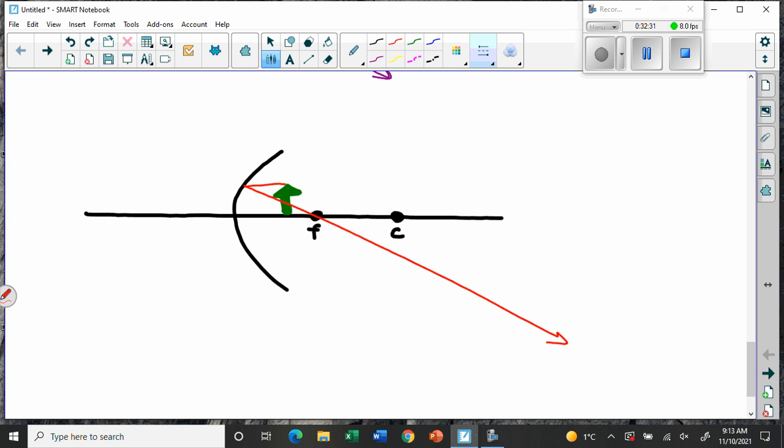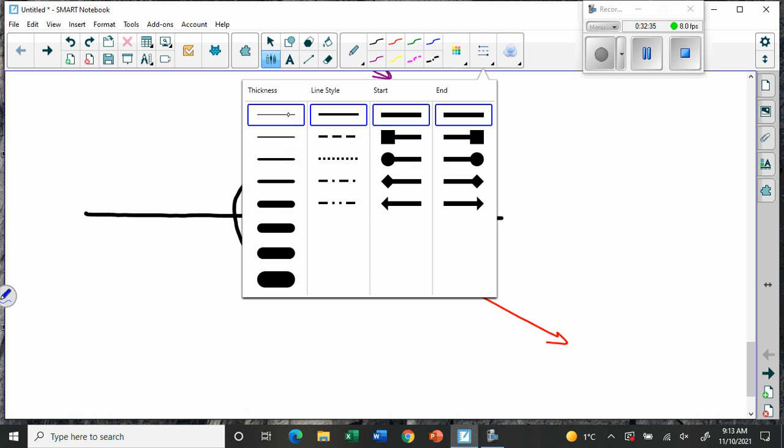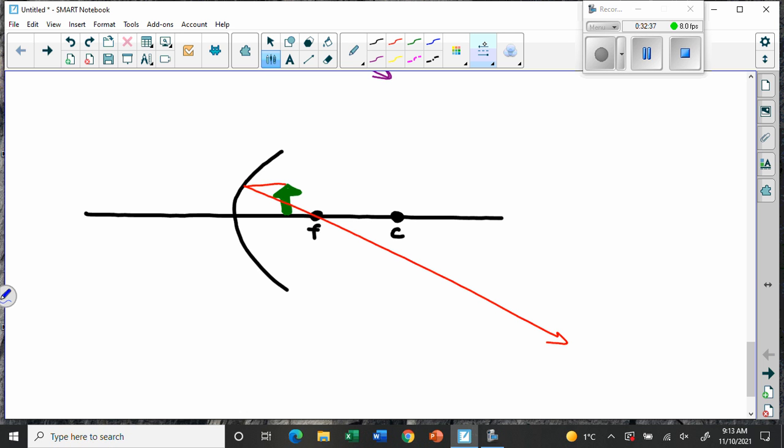Now, on a line through the focus, that's the second rule. The light is going through the focus. I can't go this way because I won't hit the mirror. That doesn't make sense. So what I have to do is I have to imagine the line through the focus. There's the line through the focus.